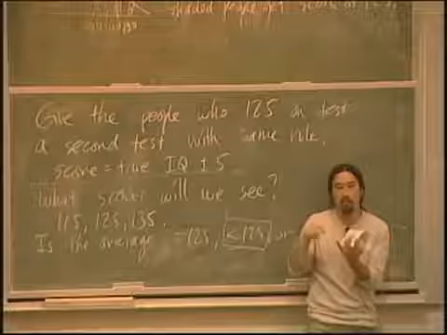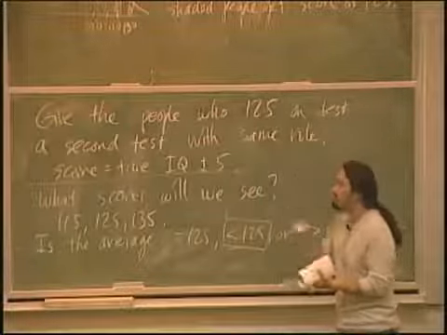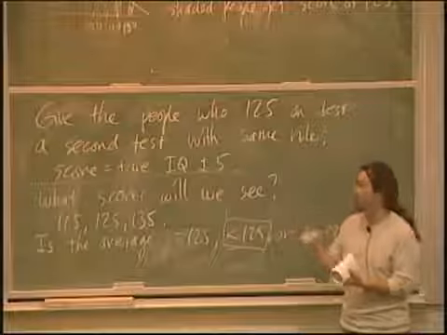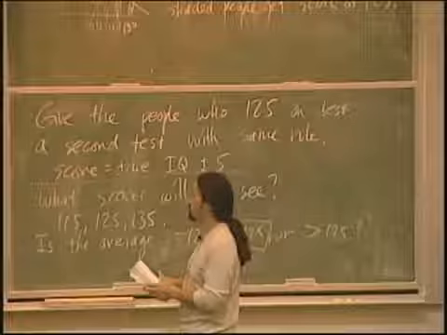They got this +5 bonus, right? The people that had a true IQ of 130 got unlucky. They got the -5 subtraction from their score.